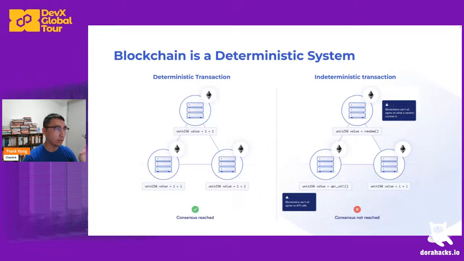So the answer to solve this Oracle problem is that we need to rely on some third-party services or third-party agency to help us build an infrastructure to relay the data or other services from Web2 or from another blockchain to our blockchain. In this way, our smart contract can send a request to the infrastructure.